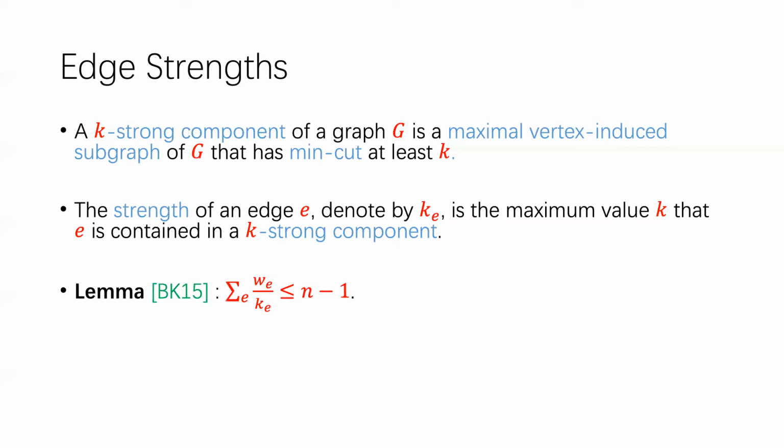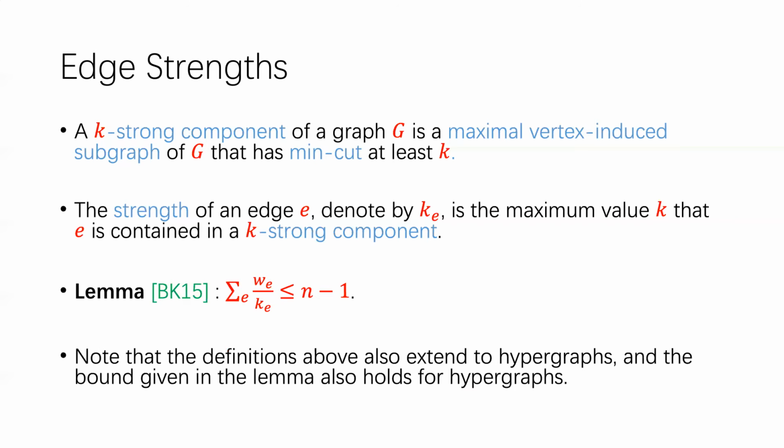It is a well-known result that the sum of weight over strength over all edges is at most n-1 for any graph. Notice that the definition of strength and the upper bound on the sum of weight over strength also hold for hypergraphs as well.